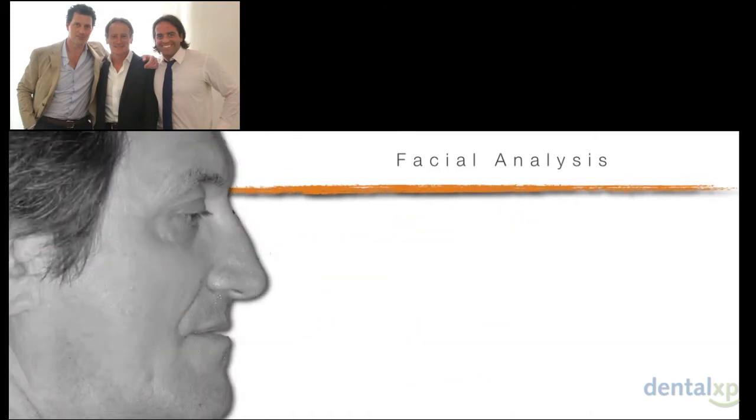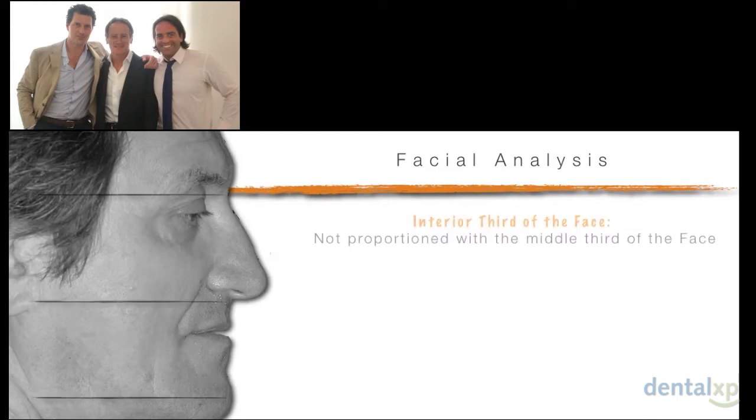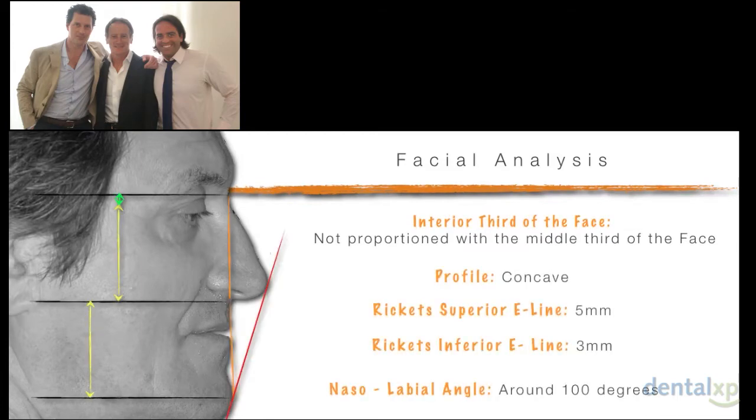The facial analysis is not always just the front picture, but also the profile picture, from which we can get other information. We can evaluate the three thirds. We evaluate the profile, which is concave, the Ricketts superior aesthetic line, which is 5 millimeters, and the inferior one, which is 3. We can also evaluate the nasolabial angle, which is around 100 degrees.